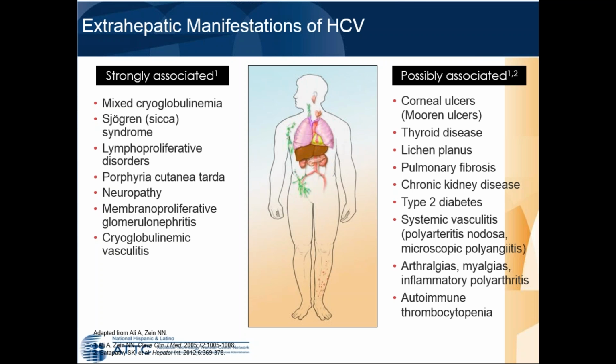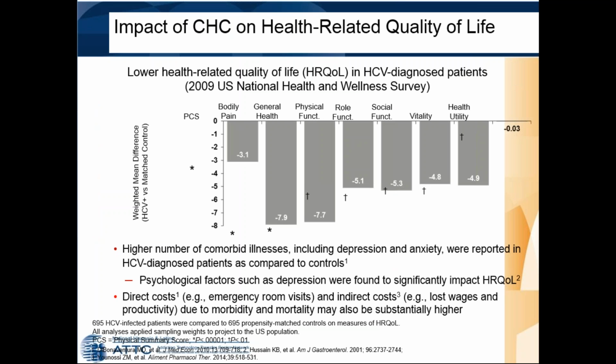Hepatitis C has been associated with lymphomas, such as B-cell lymphomas, skin conditions or rheumatologic conditions, porphyria cutanea tarda, neuropathy, which is nerve pain, vasculitis, thyroid problems, pulmonary problems, kidney disease, exacerbation of diabetes, and a lot of people complain of pain, arthritis or arthralgias, and problems with platelets, hemoglobins, and white cells.